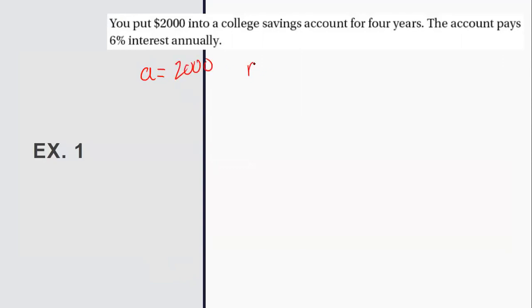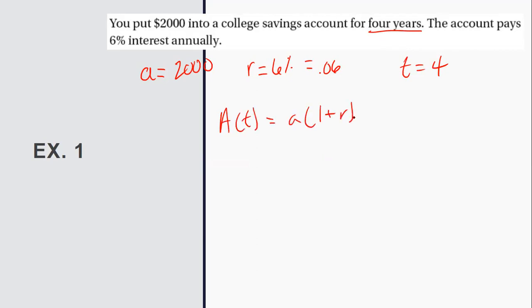Well, we're going to establish what our variables are. So we know that from here, our A, our initial amount is 2,000. Our rate equals 6%, which has to be written as a decimal, which is 0.06, right? And the time is 4 years. So remembering the formula is A of t equals A times 1 plus r to the t. So we're going to create the formula first.